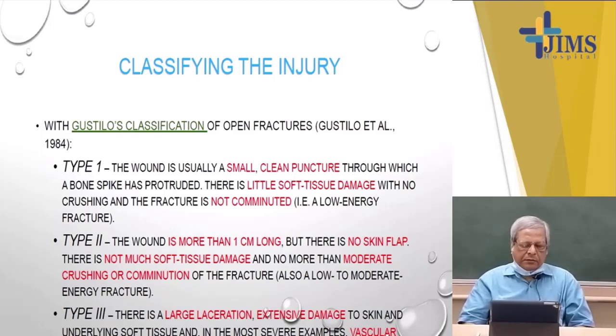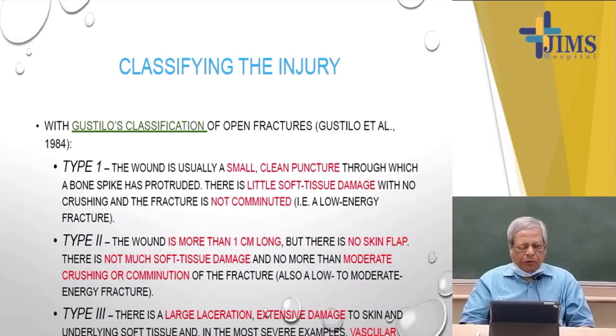In type 1, the wound is usually a small clean puncture through which a bone spike has protruded, so that means it's an open fracture from within. There is little soft tissue damage with no crushing, and the fracture is not comminuted. That is a low energy fracture, maybe a fall from standing or sitting height.